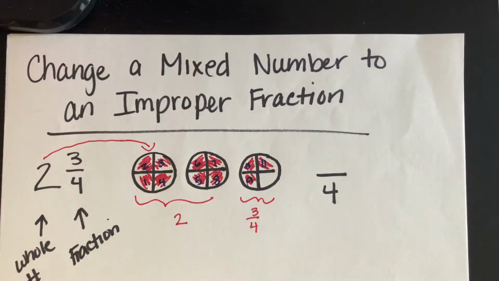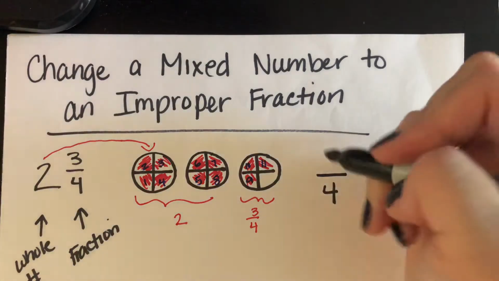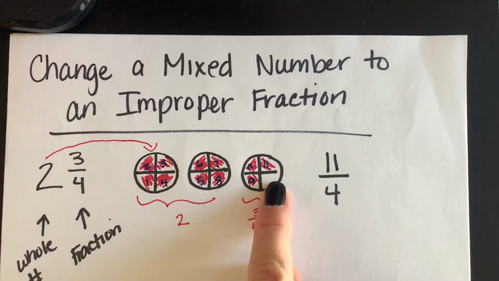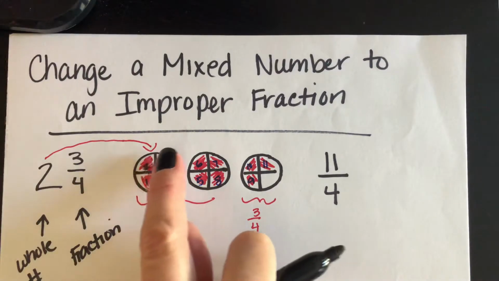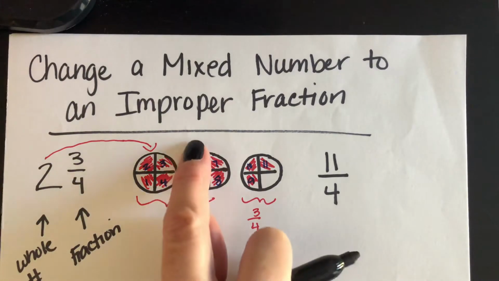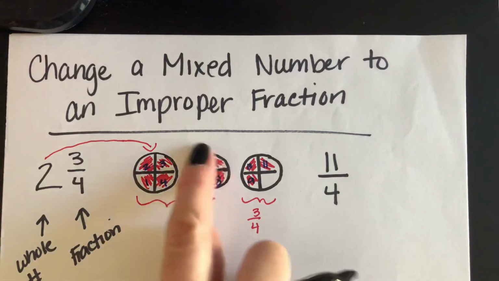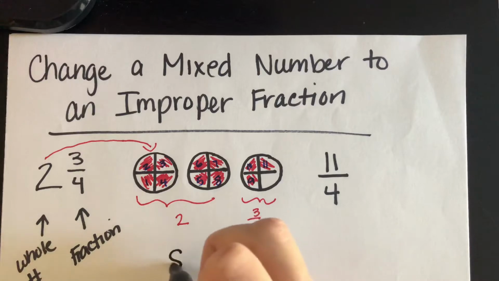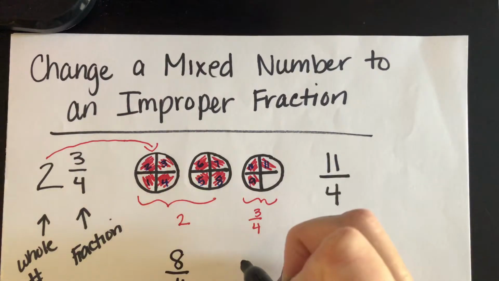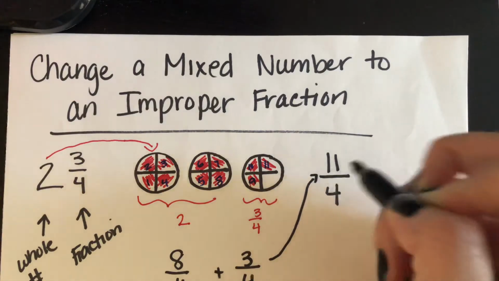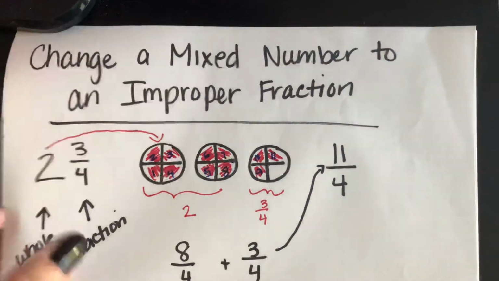I have a total of 11 fourths. Out of these right here, I had a total of 8 fourths. And here I had a total of 3/4. And that gives me a total of 11 fourths.